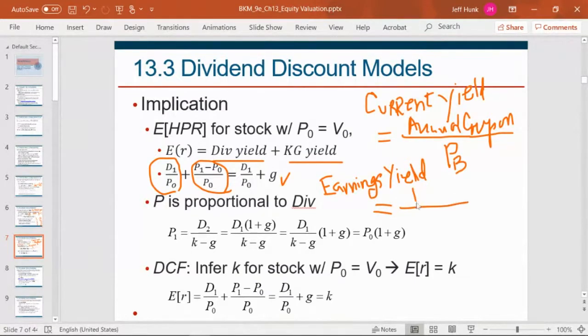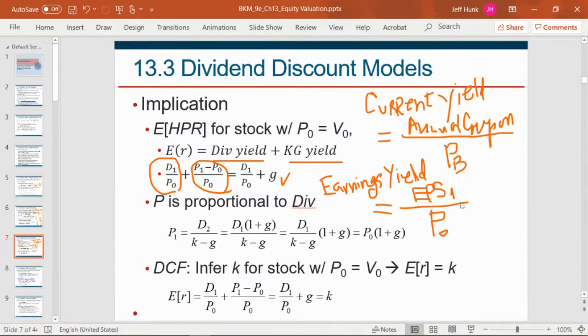Earnings yield is EPS, earnings per share, over P, I will use P because it's the market price of the stock.